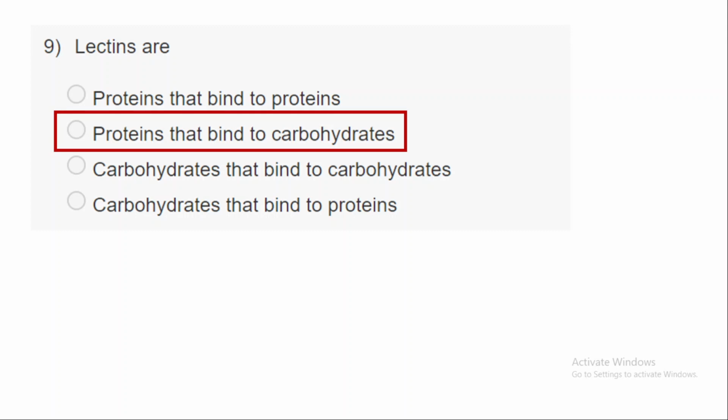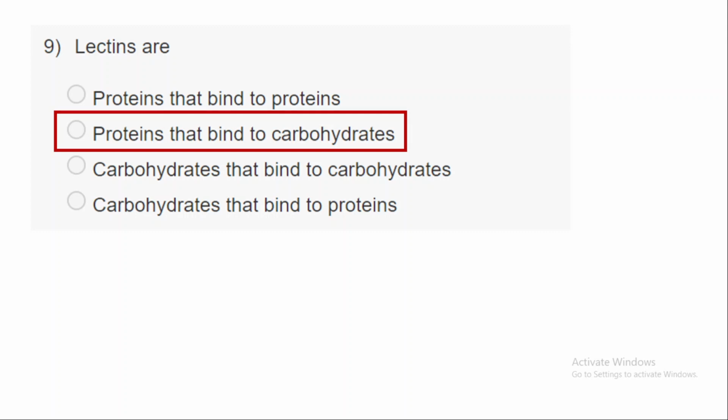While carbohydrates that bind to proteins, you are asking about option 4, carbohydrate binding proteins. So there is a trick to this option. If you carefully understand the question, option 4: lectins are proteins that can bind to carbohydrate.